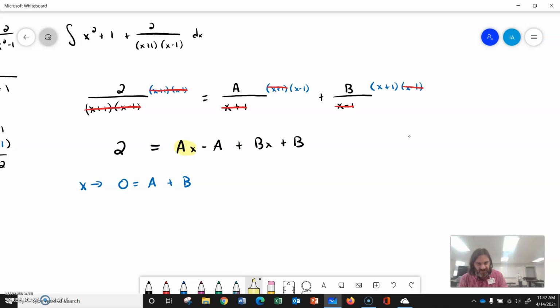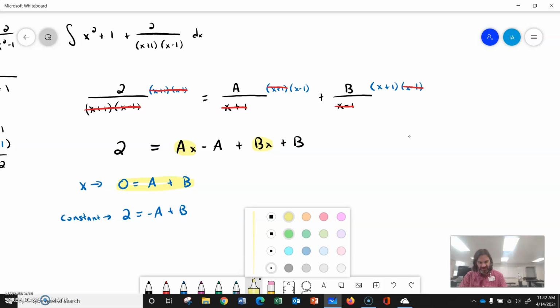Could that be any nicer so far? And then our constant. We have 2 on the left, and we have negative A plus B on the right. Let's color code that. Let's use a nice green for no apparent reason.